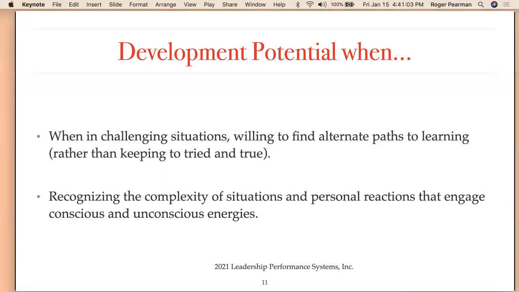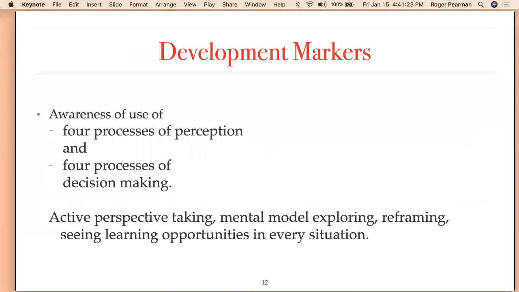So for example, if you always debate, you may find there are plenty of situations where debating others doesn't serve you well. So recognizing that we may need to switch and adjust is recognizing the complexity of situations and our interactions and how we might choose to do something differently.